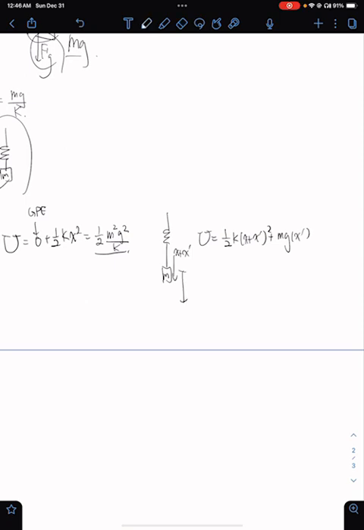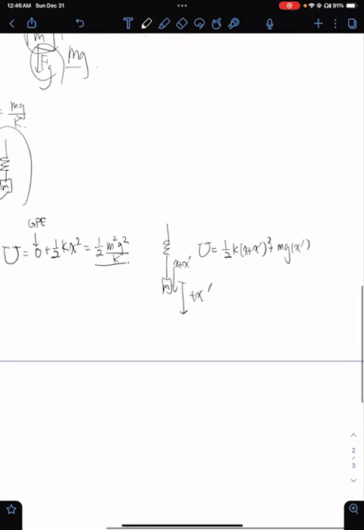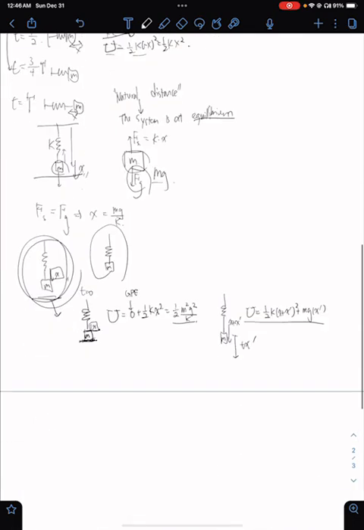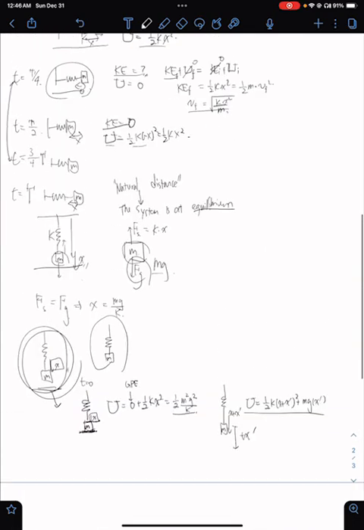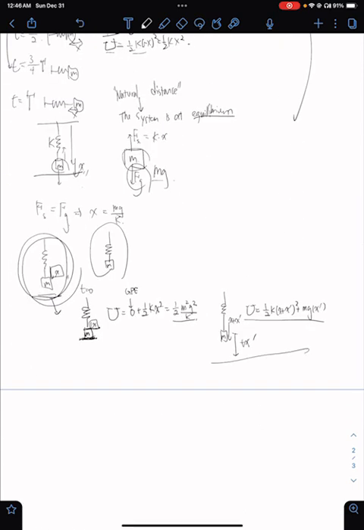Because it's draped down by x prime relative to the 0. So that's how you would do the potential energy here, instead of just the 1/2 kx squared as we did up here. And we can do the same thing as we did up here to get the energy at each time step of the oscillation.